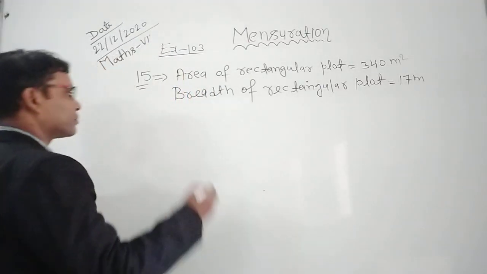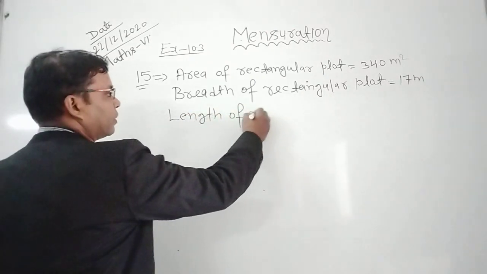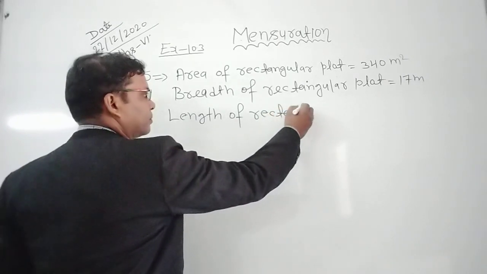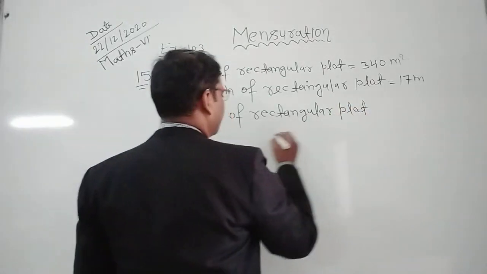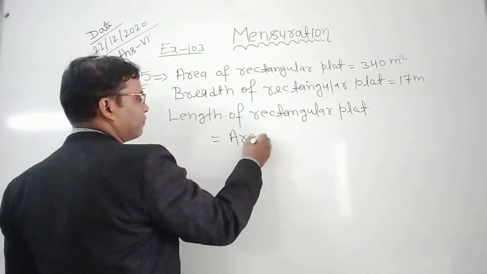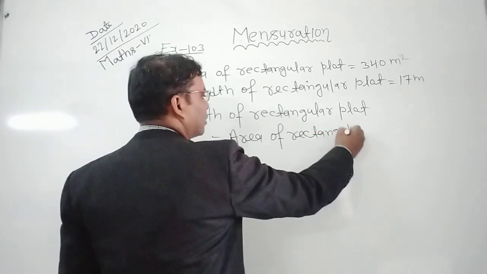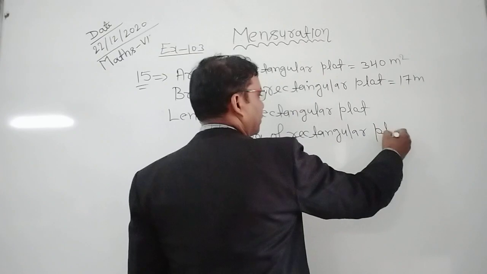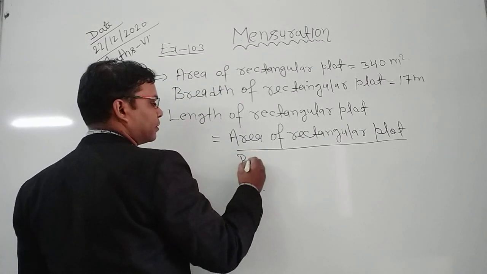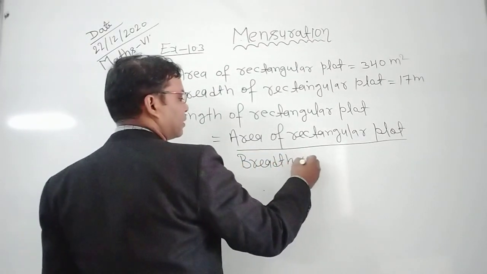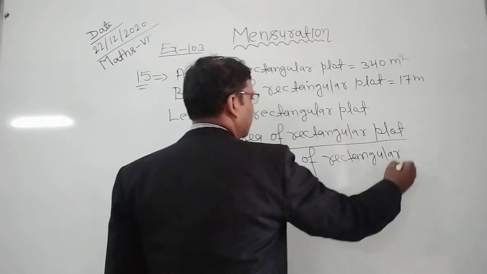So here we write length of a rectangular plot is equal to area of a rectangular plot by breadth of the rectangular plot.